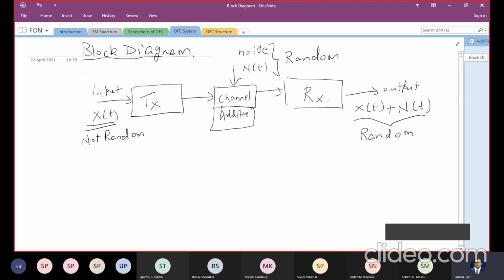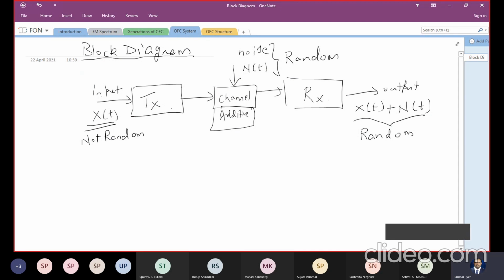Or if good is deleted, what I get at the receiver is only morning. So the noise is random, therefore it also makes the received signal random. However, the transmitted signal is never random, because the source always knows what message the source has passed.